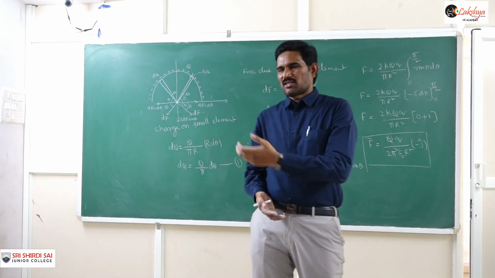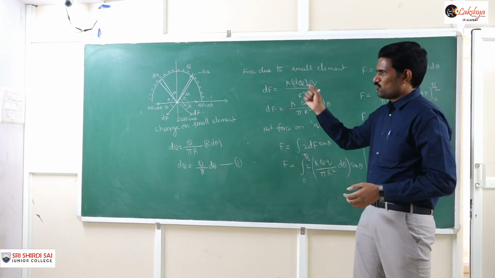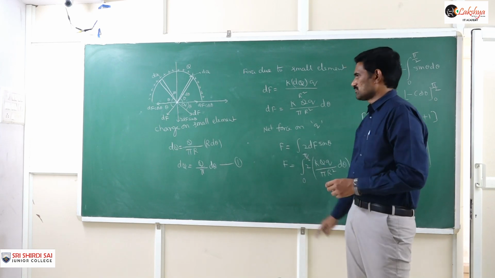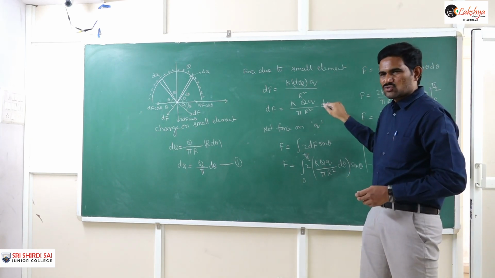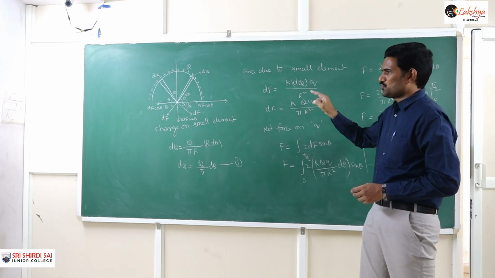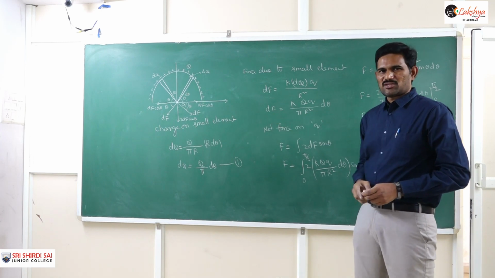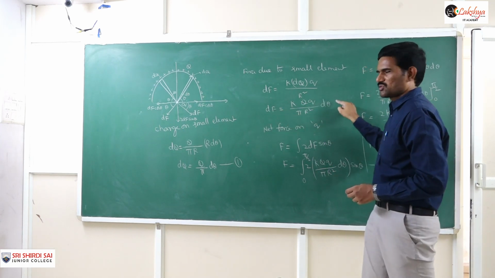So that is another example for this continuous charge distribution here. So just again we are taking the small elements. First we are defining the charge on that small element, and then we are writing the expression for force due to the small element. After writing this, you need to check whether the forces due to elements are in the same direction or different directions. If they are in the same direction, then directly you can integrate this expression.